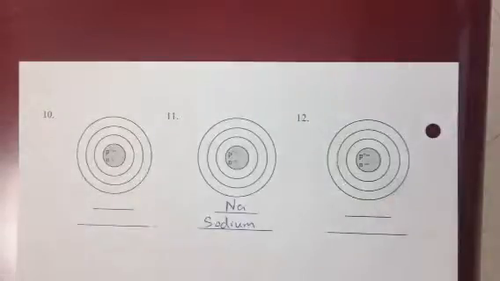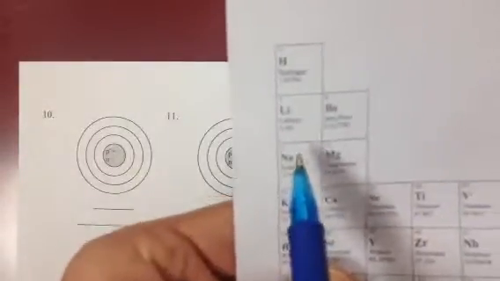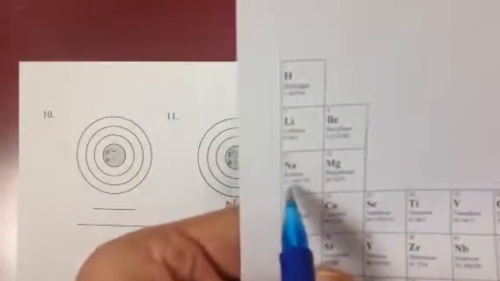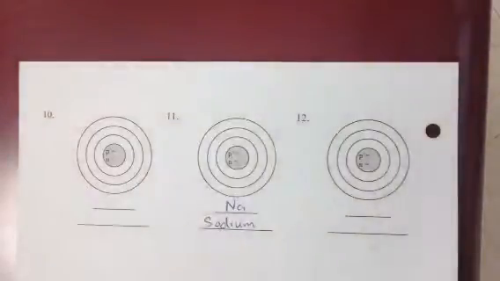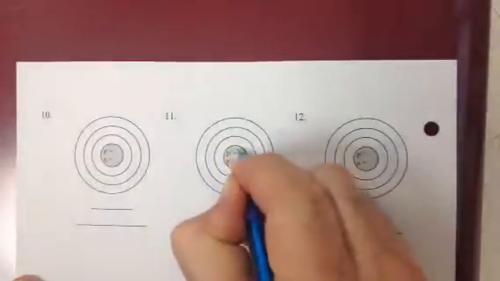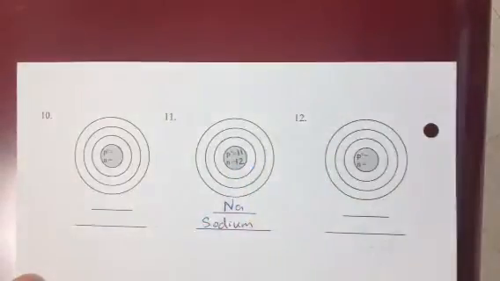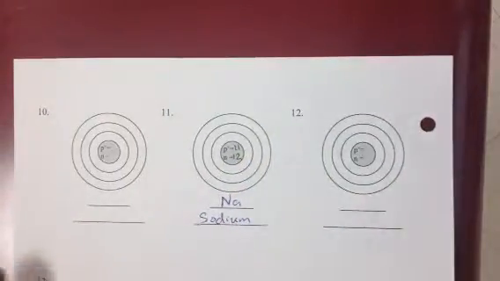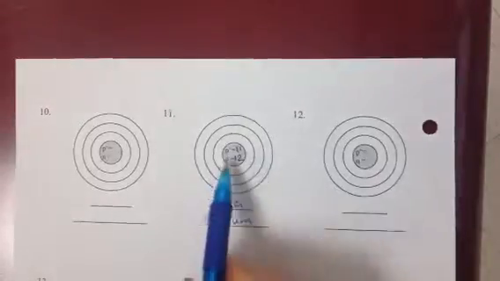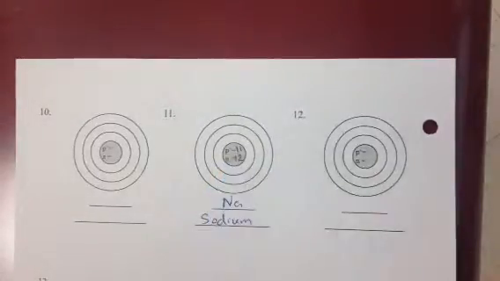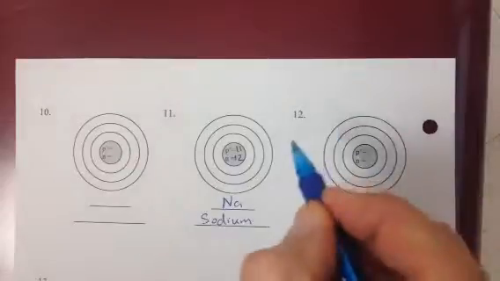Gotta love it. So, sodium has 11 protons and a mass number of 23. So its primary isotope would be a 12 neutron nucleus. There we go. So there's 11 positive protons, and we need 11 negative electrons.